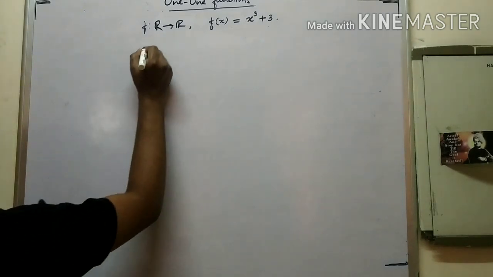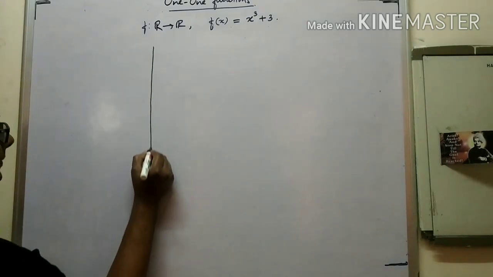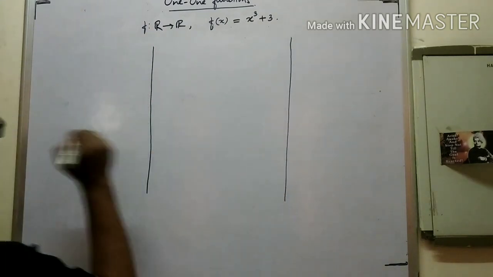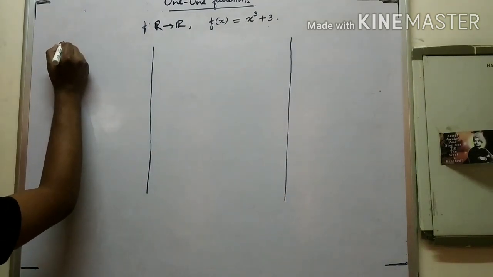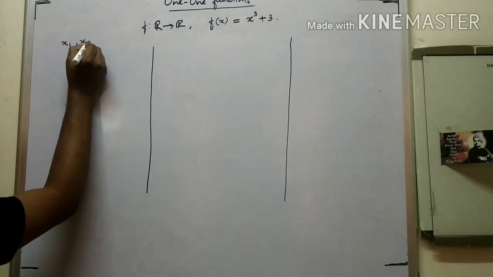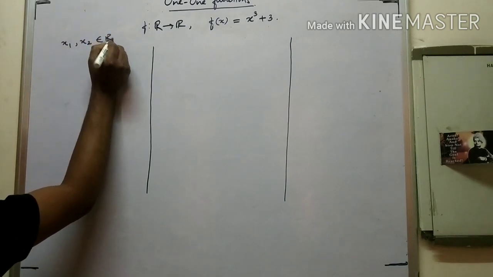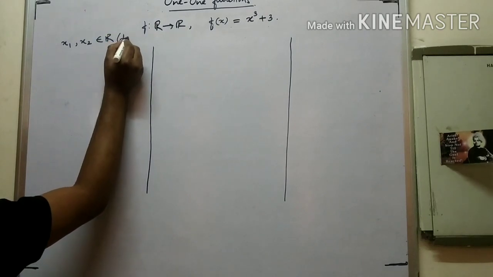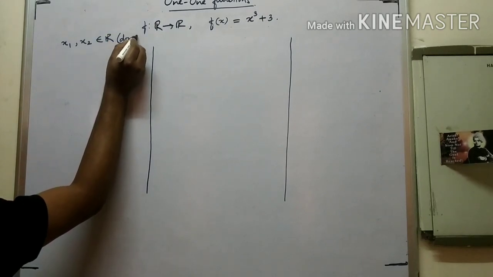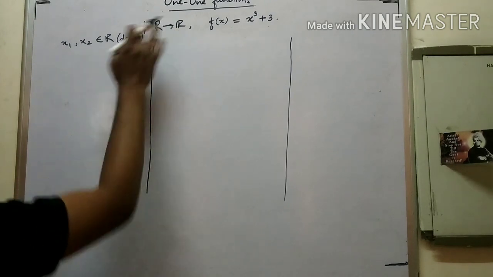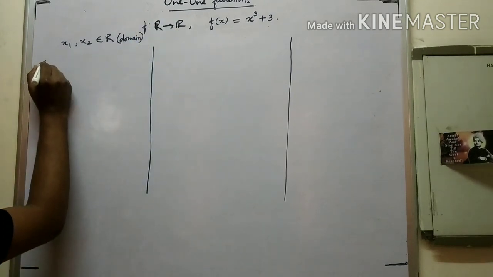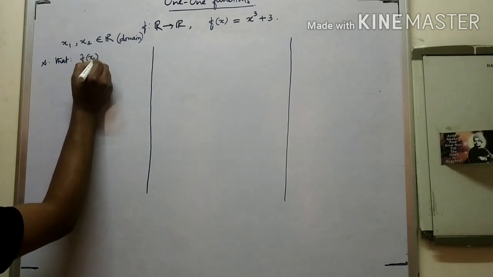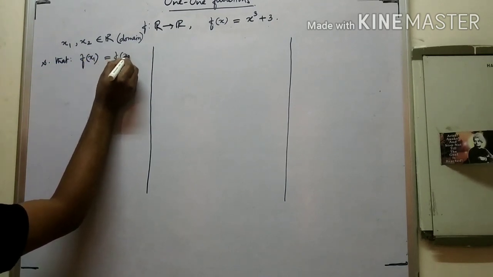Again, I have to go for all the three methods. Method 1, we'll consider x1, x2 to be in the domain. Domain and codomain both are R, so we specify the domain R, such that f(x1) is equal to f(x2).